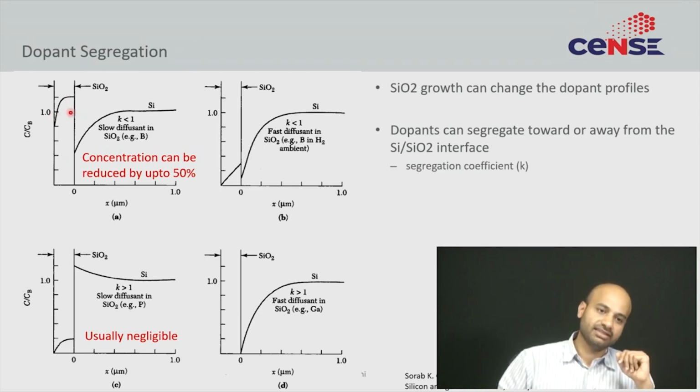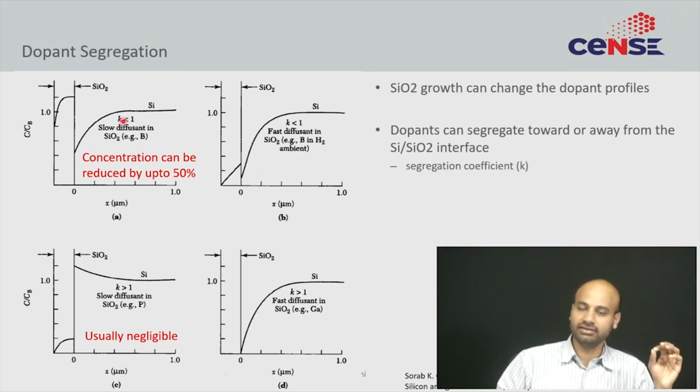As you oxidize silicon more and more, the thickness of the silicon dioxide increases, and at the interface, boron now has an option of remaining in silicon or remaining in silicon dioxide, and because K is less than 1, it tries to remain in silicon dioxide preferentially and not silicon. So the silicon at the interface gets depleted of the boron. The concentration actually falls. All this boron then accumulates in silicon dioxide. However, it does not diffuse in silicon dioxide very fast, so it does not deplete anywhere, it just keeps accumulating in the silicon dioxide and stays there.